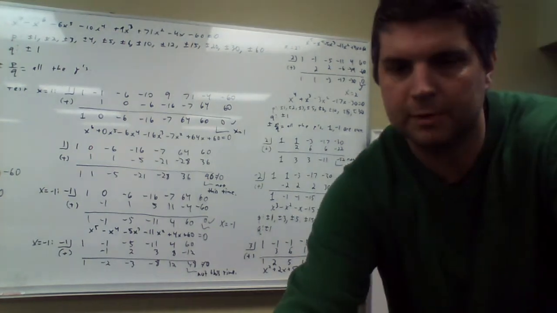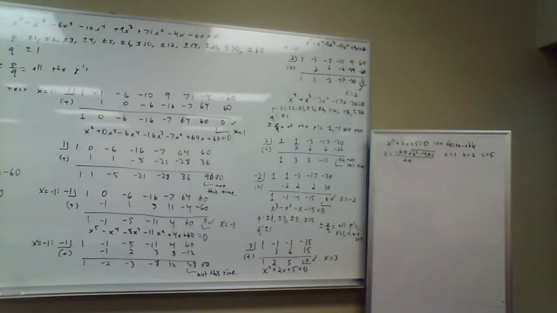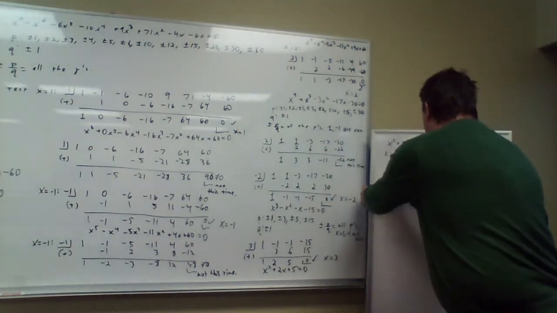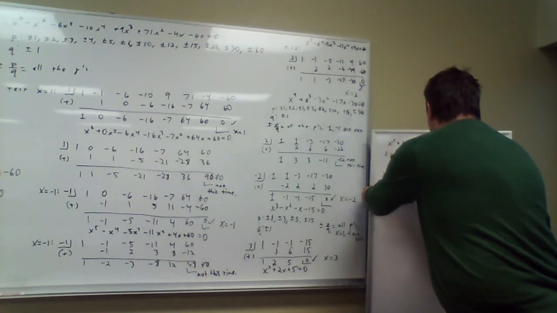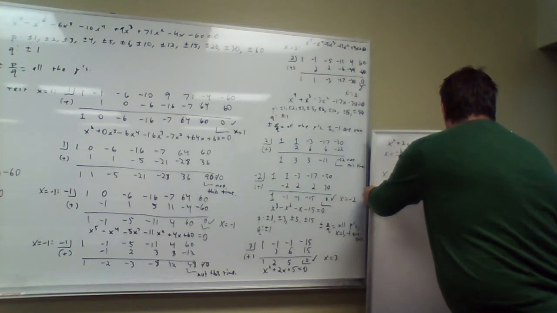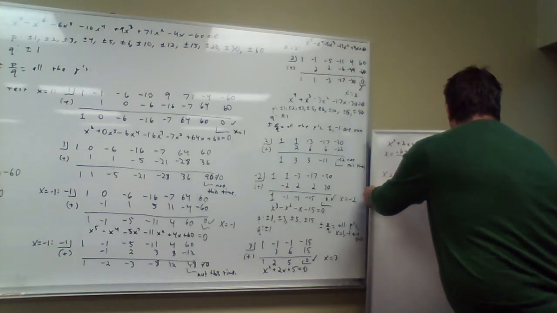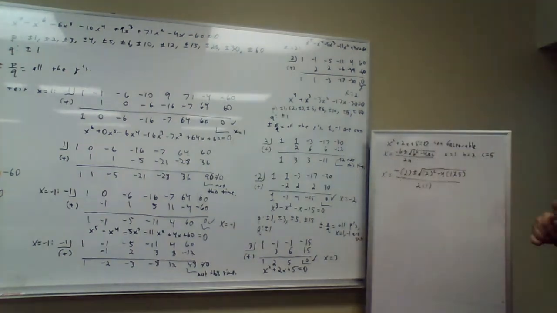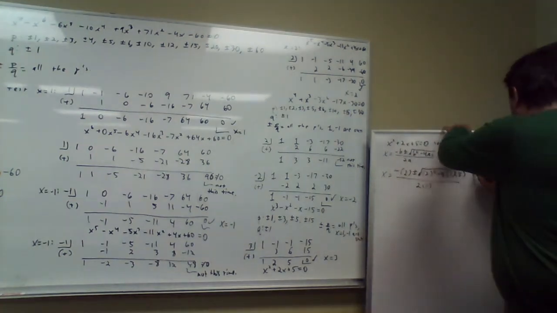Plugging into the formula, x equals negative 2 plus or minus the square root of 2 squared minus 4 times 1 times 5, all over 2 times 1. Sorry about the shakiness of the board. Under the radical is the first thing we do.